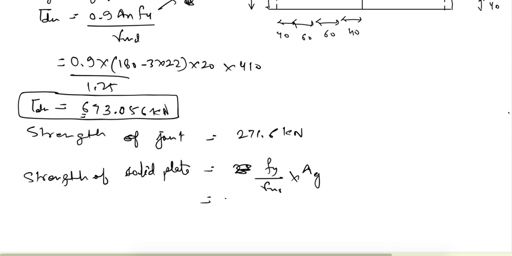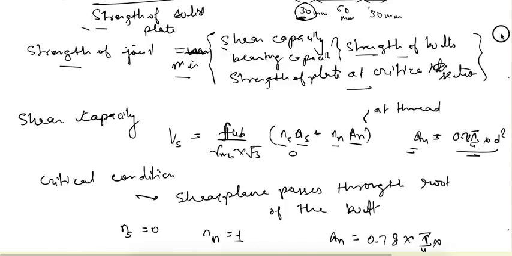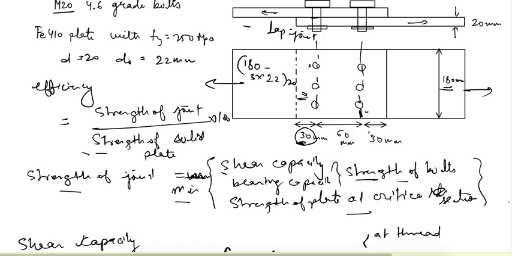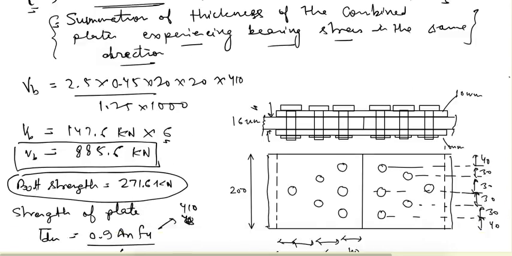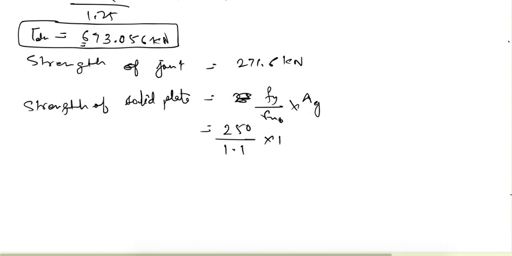So fy for this plate is given as 250 MPa, gamma m0, the partial safety factor at yield stress, is 1.1, and gross area here would be 180 into 20 without doing any deduction. And so from here strength of plate is equal to 818.182 kilonewton, if divided by 1000 also.